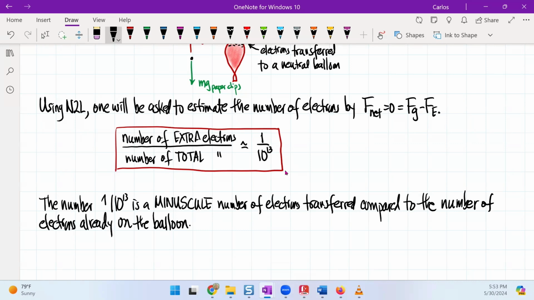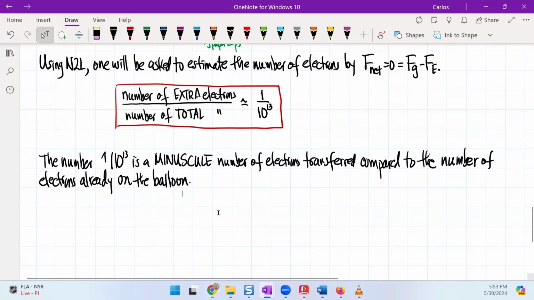And what you're going to find here is that there's about 1 billion electrons transferred. And that seems like a crazy number, 1 billion electrons.